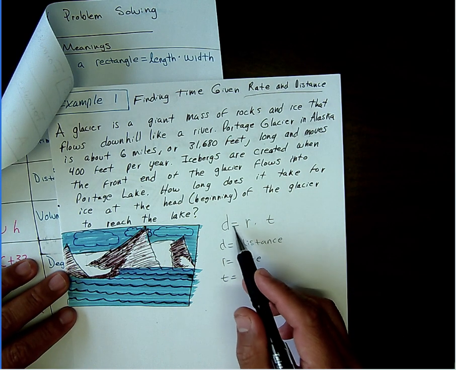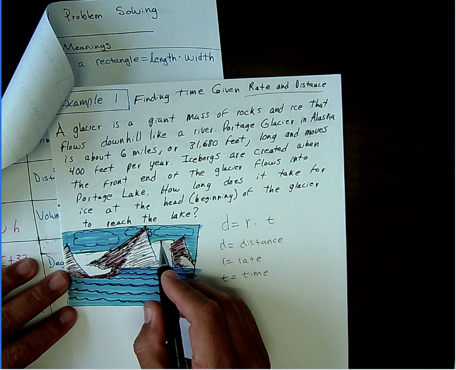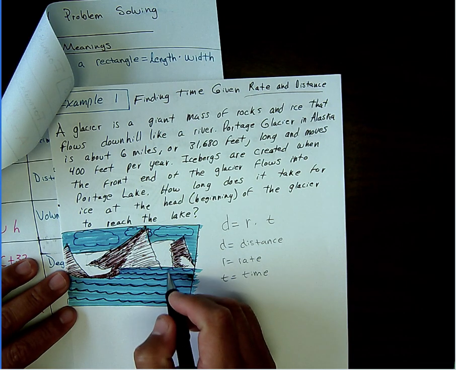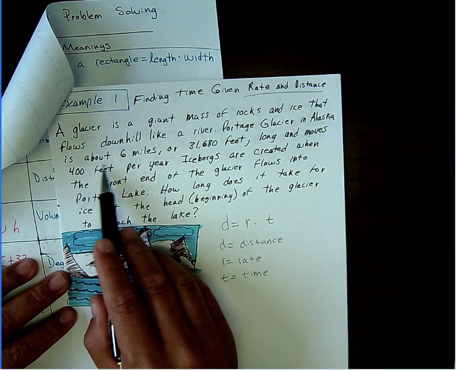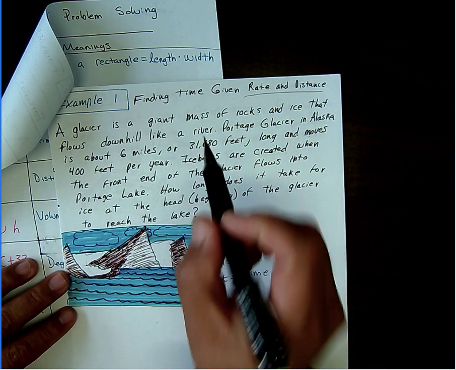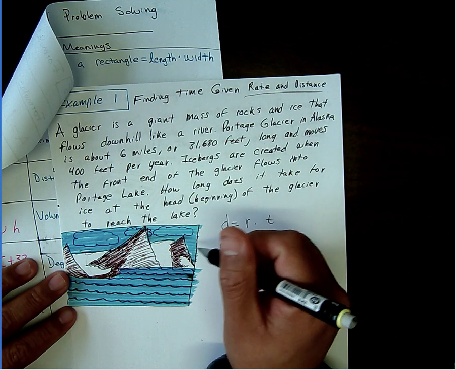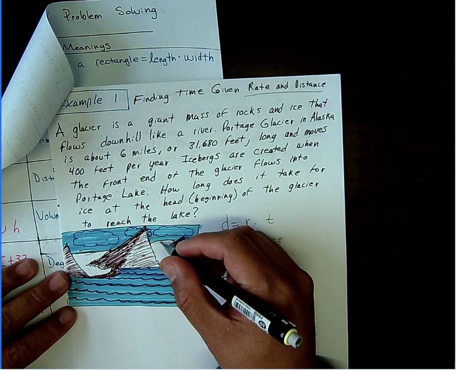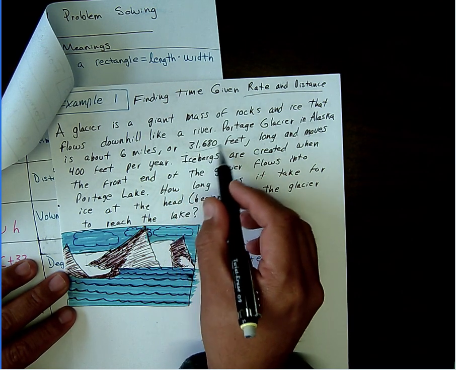So the distance, what distance are they talking about? Well, they're talking about the distance where the ice begins, the glacier, to the lake, and it says here, Portage Glacier in Alaska is about 6 miles. So if it's 6 miles, the ice that we want to know how long it's going to take to travel, it's going to have to travel the full distance of the glacier, which is this.